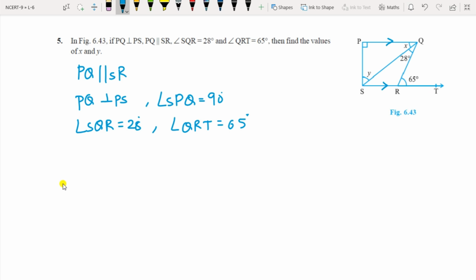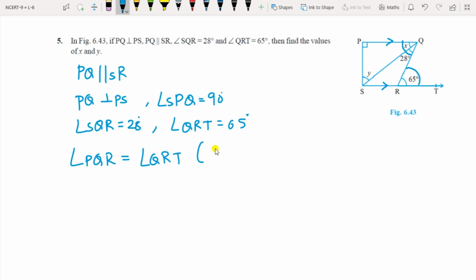Now you can see here PQR and QRT form a Z. So these two angles become interior alternate angles, so they are equal. Therefore angle PQR will be equal to angle QRT.